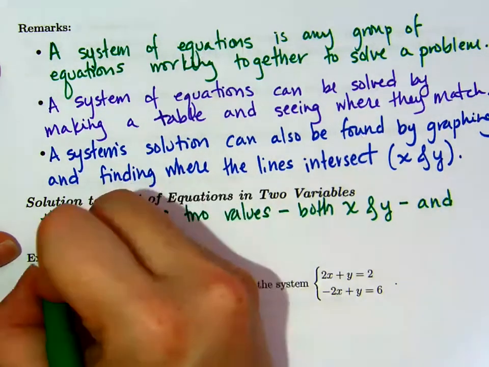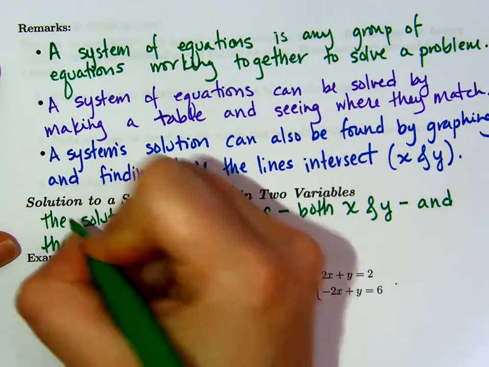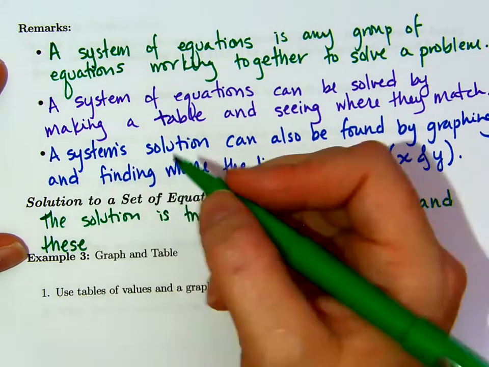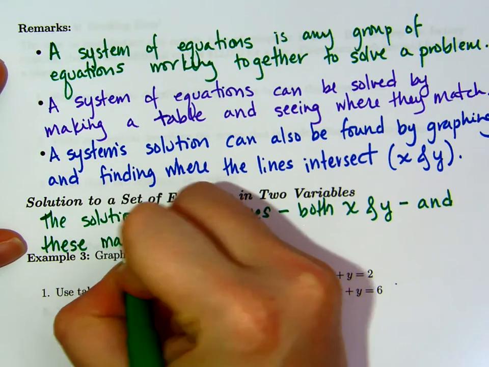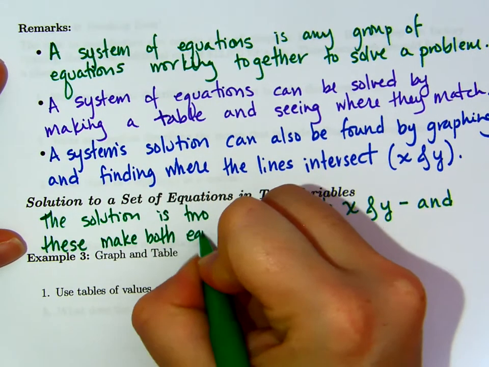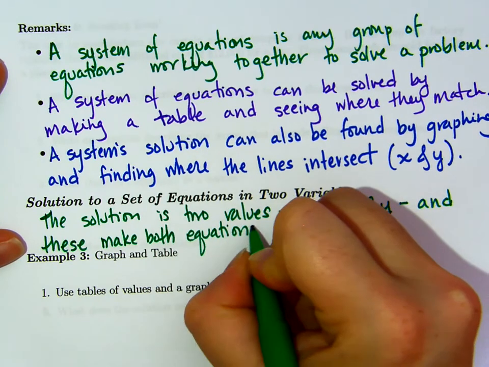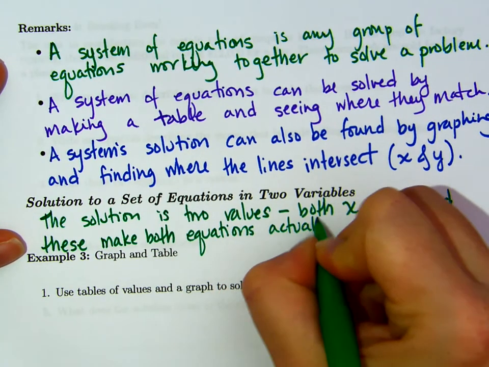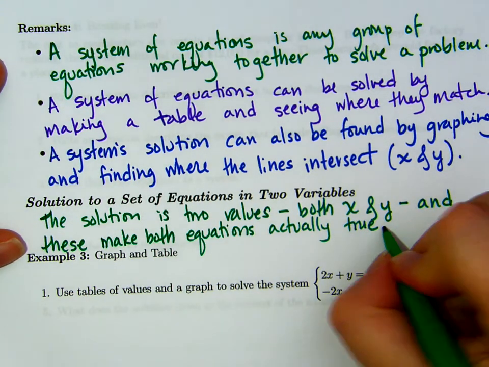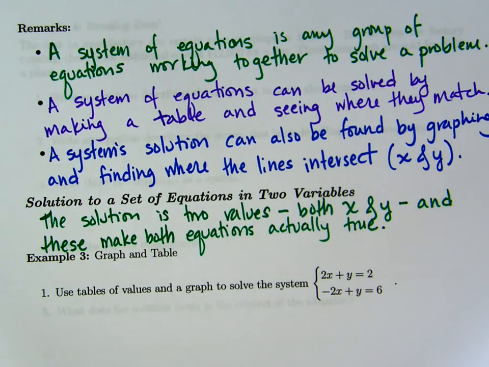And these make both equations actually true, or actually equal. So you can't just make one equation true. You've got to make both equations true simultaneously.